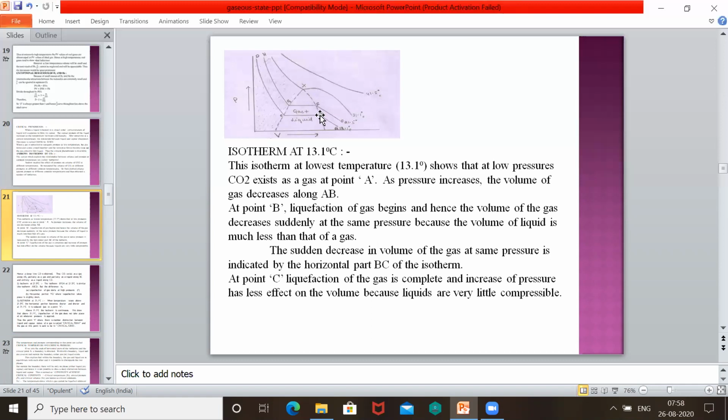The sudden decrease in volume of the gas at same pressure is indicated by a horizontal line BC. Isn't it? At point C, liquefaction of gas is complete and the increase of pressure has less effect on volume. There is very little effect on volume, so we are getting a steep curve.